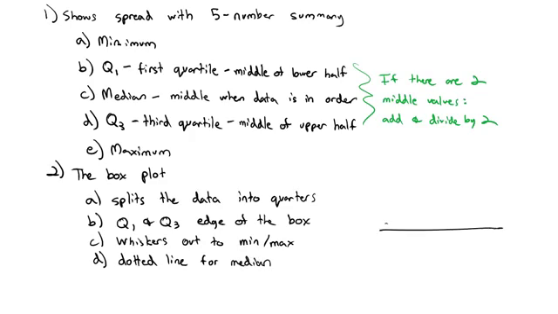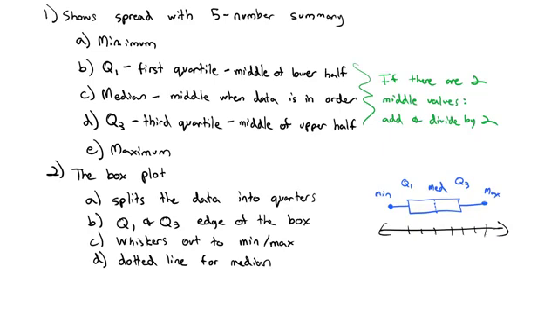And so what we end up with is there's some number line down the bottom. And then floating above that number line is the box showing where the quartiles are, Q1 and Q3. Whiskers out to the minimum and maximum values. And then a dotted line for the median.